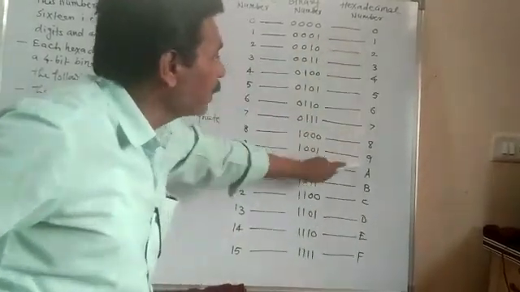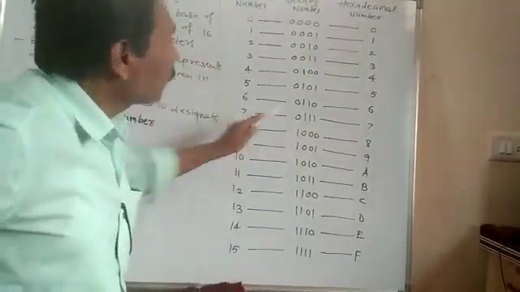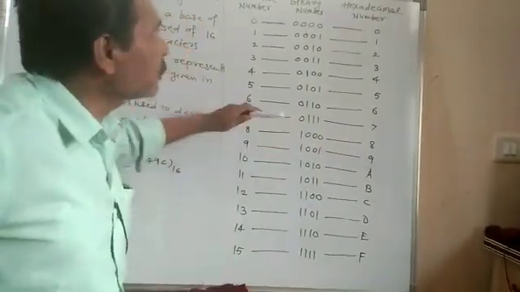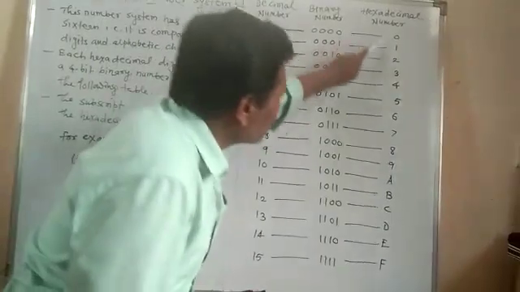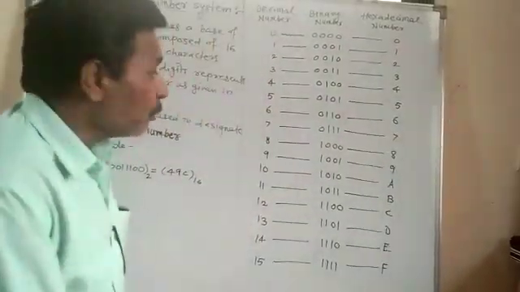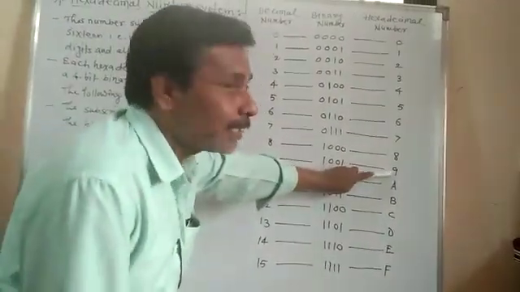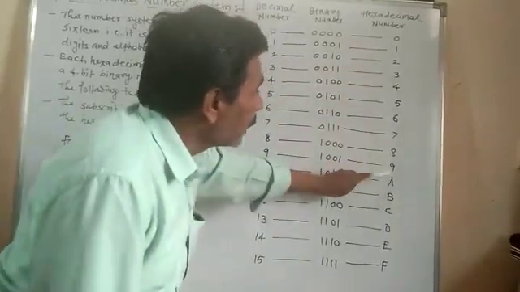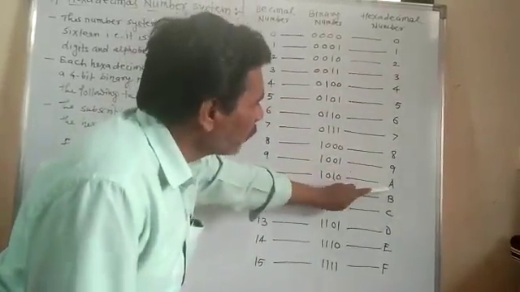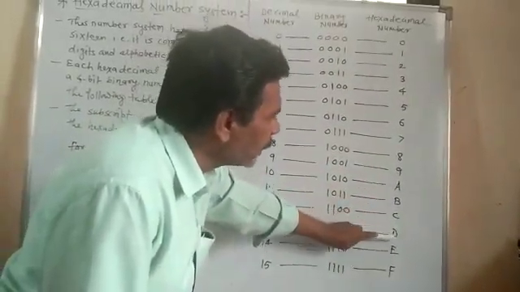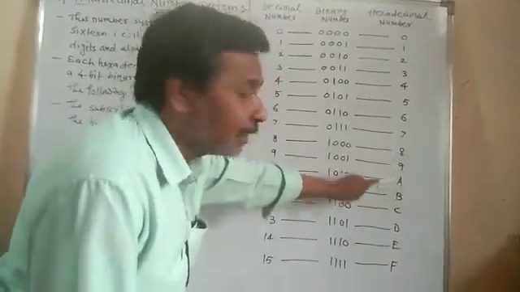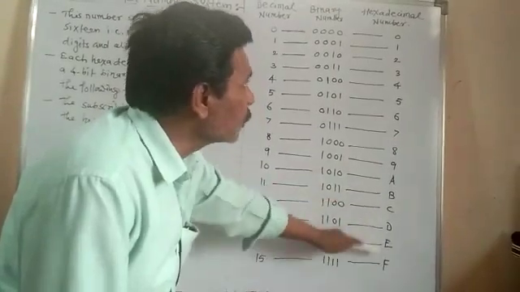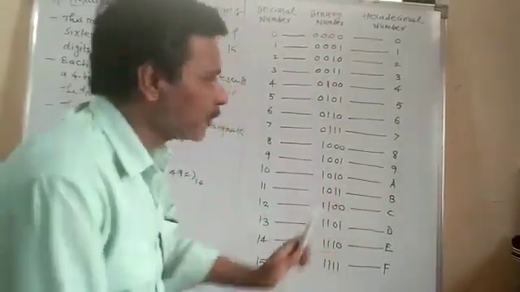So from 0 to 9, in decimal and hexadecimal number systems the digits are the same. But after 9, the 10th digit, we have A, B, C, D, E, F. These 6 alphabets we have used in the hexadecimal number system.